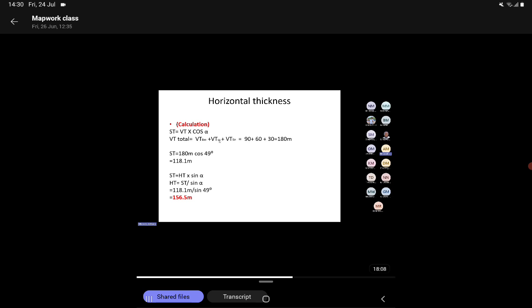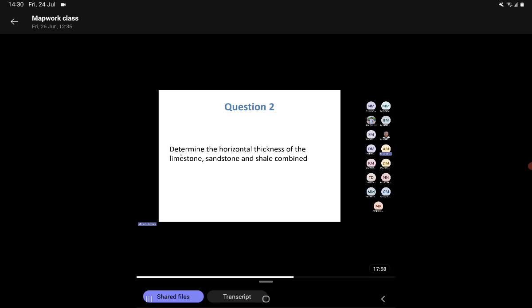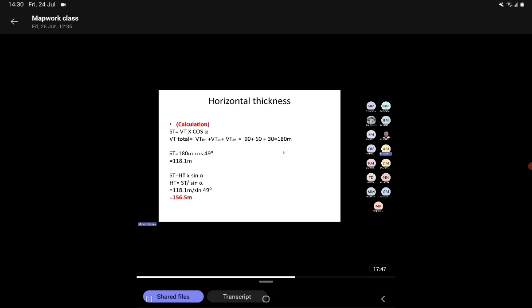We were given the sandstone being 60. We were given shale to be 30 because we calculated backwards. Then you would add the total, because the question said they want to determine the horizontal thickness of the limestone, sandstone, and shale combined. So all your answers must be combined and not individual.